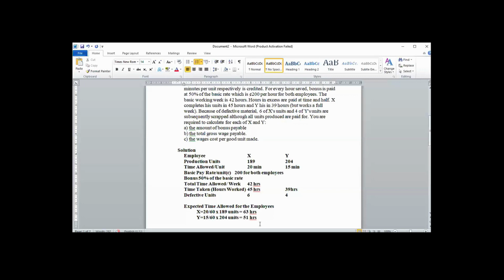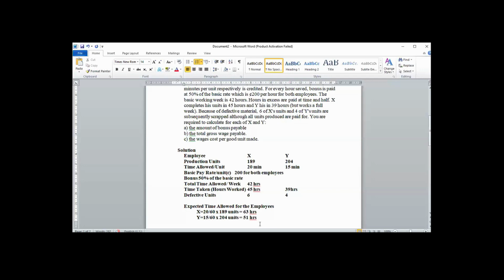63 minus 42. So I've saved 21. You said the time given to us is 63 hours instead of 42 hours, am I getting that right? You are meant to work a maximum of 42 hours in a week.